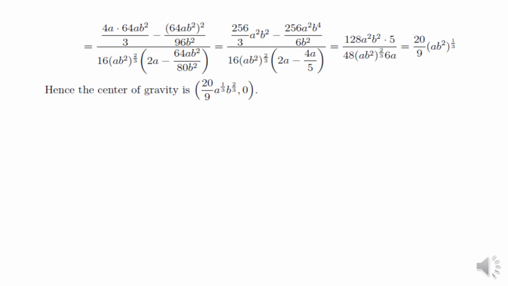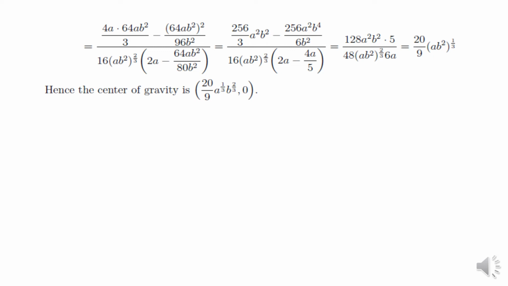So Mx is 0 and y bar is 0. In other words, the symmetry principle says that if the region is symmetric with respect to a line, then the centroid of the region lies on the line.